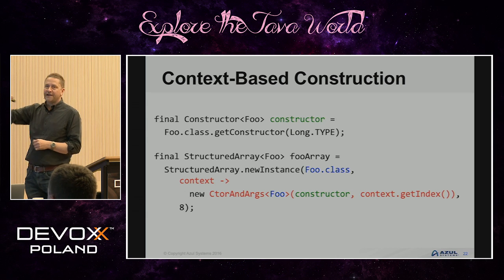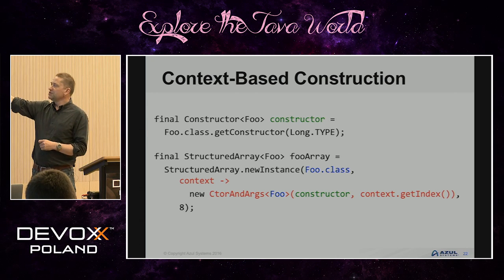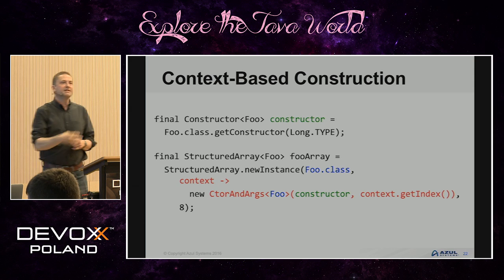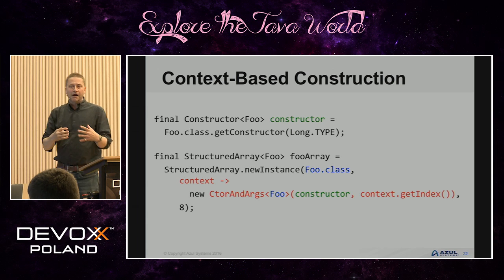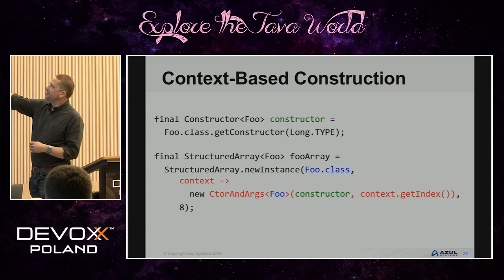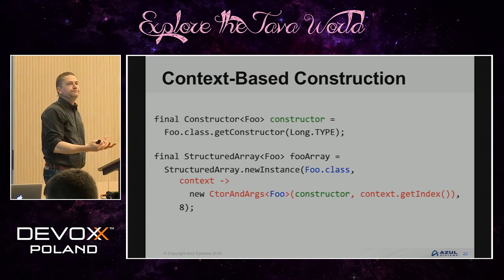And then when we call our factory method, the new instance again, we still pass in the type, so foo.class. We still pass in the last parameter, which is the number of elements that are going to go into that array, so 8. But now we also have this other thing in the middle. And this is a constructor and args provider.